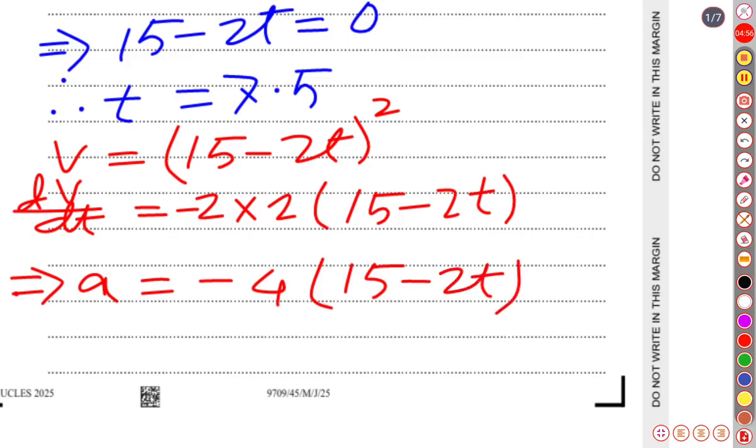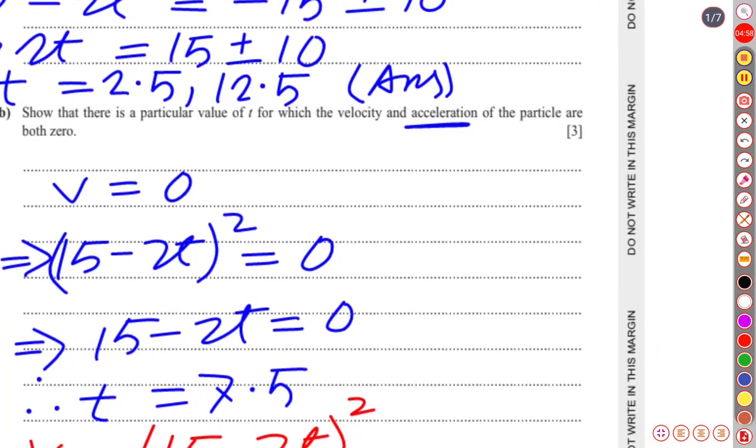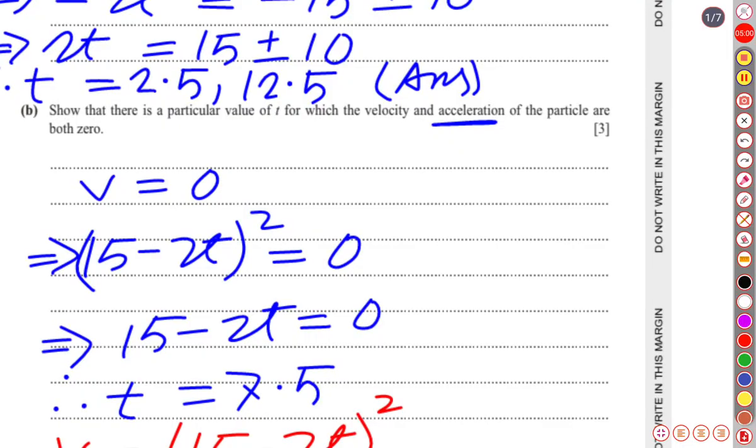Now let's go back to the condition. What was the condition? Condition was that acceleration and velocity of the particle were 0. So a is equal to 0.